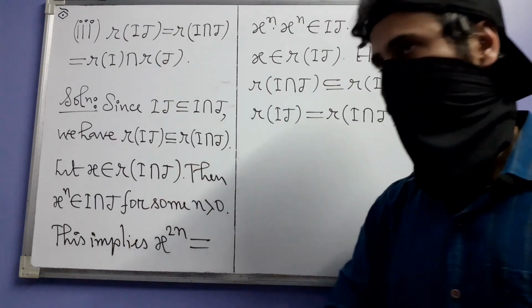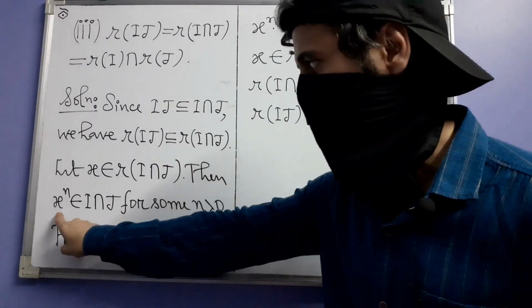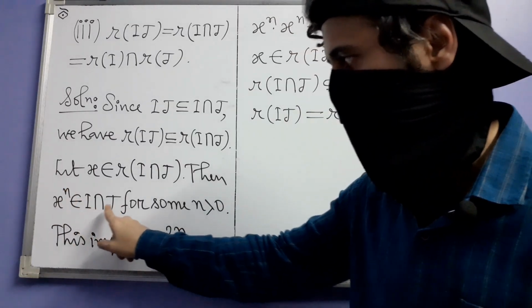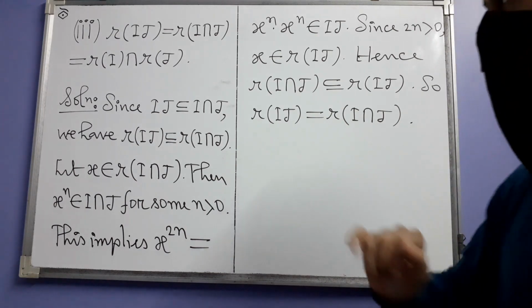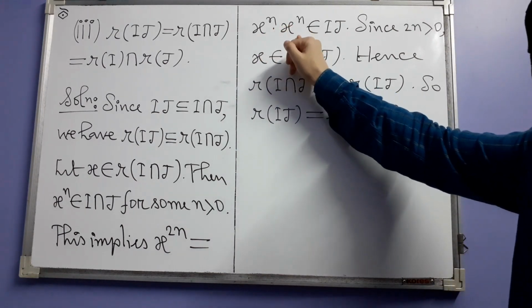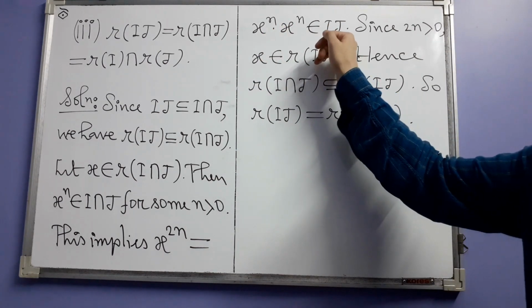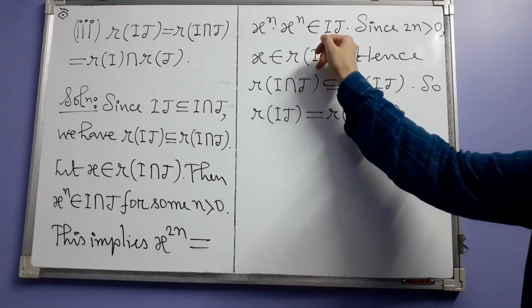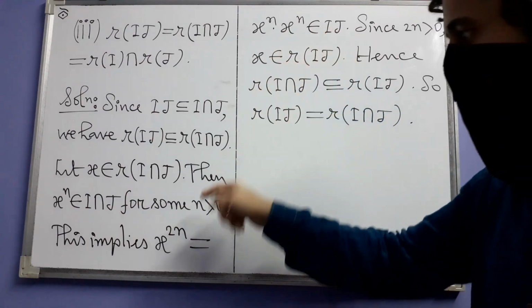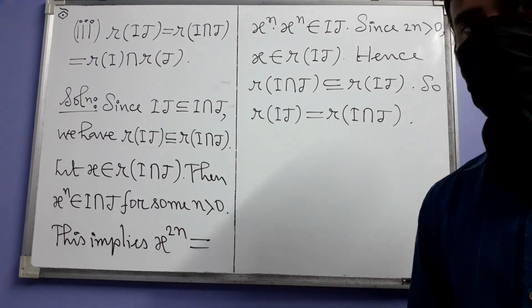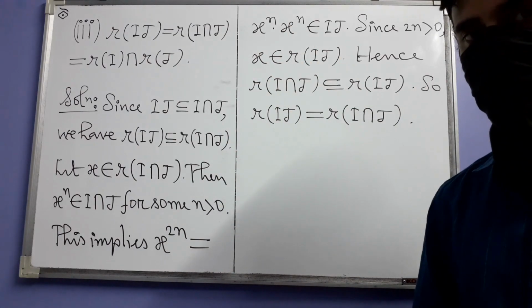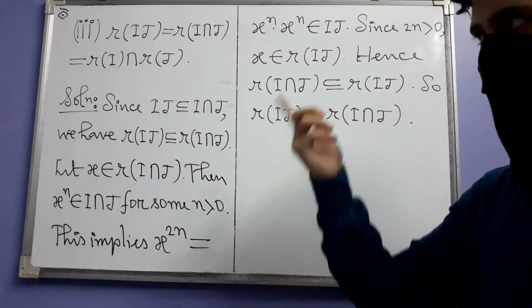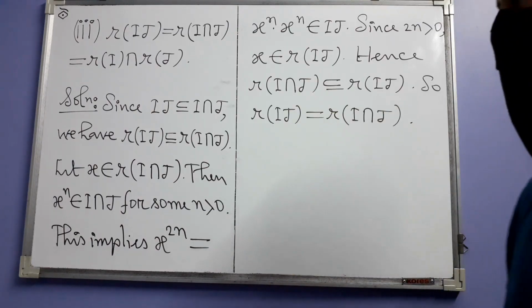But then what does this imply? Note that because x to the power n belongs to the intersection of I and j, it is in both I as well as j. So its product with itself will belong to ij by the definition of ij, but that is equal to x to the power 2n. Here we have used the other rule of exponents, and that is also okay because n is a positive integer.